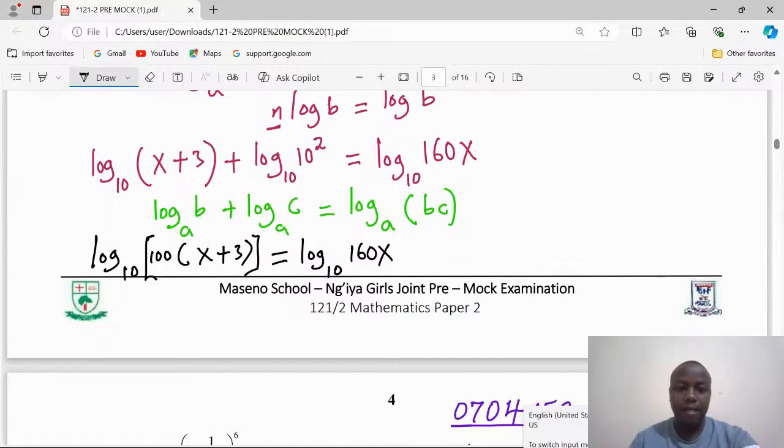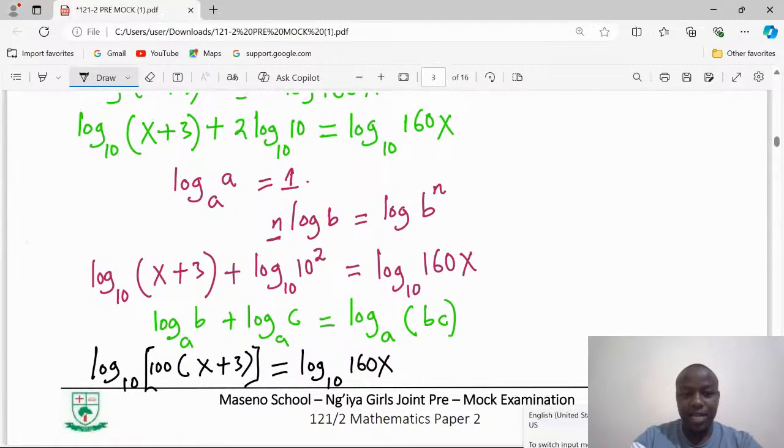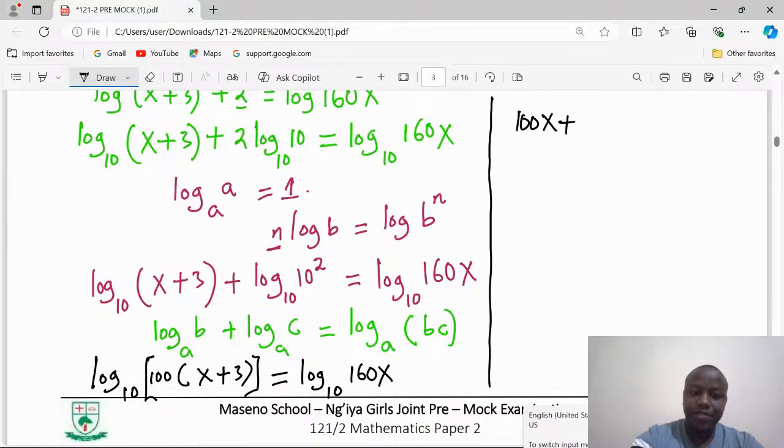This is equal to the log to base 10 of 160x. Then now we can drop logarithms and equate the right hand side and the left hand side. In this case, I shall have 100x plus 300 equals 160x.